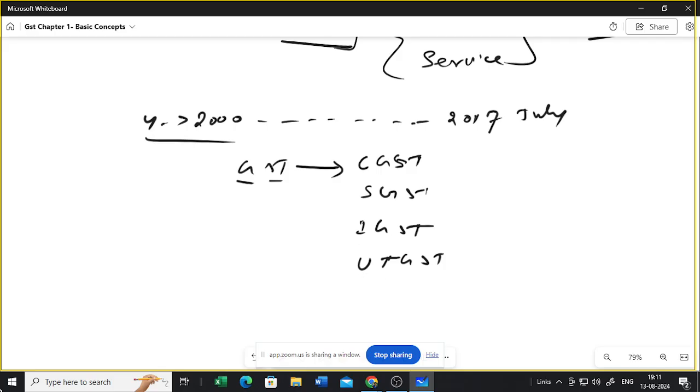So what is this UTGST? I will tell you, no problem. See here, what is this? This is Central Goods and Service Tax. What is SGST?